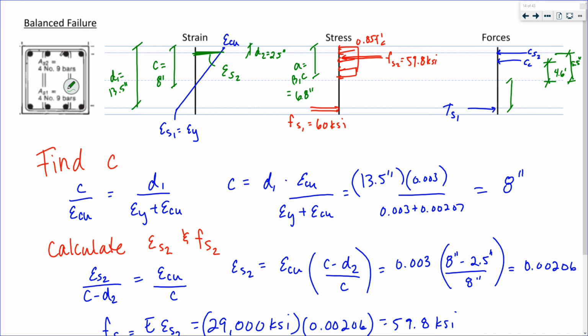Your steel isn't changing the centroid, whereas the depth of your concrete stress block changes. As a result, the location of its centroid changes. Let's see, this is 13.5, so this is 2.5. 8 inches minus 2.5, this also happens at 5.5 inches.